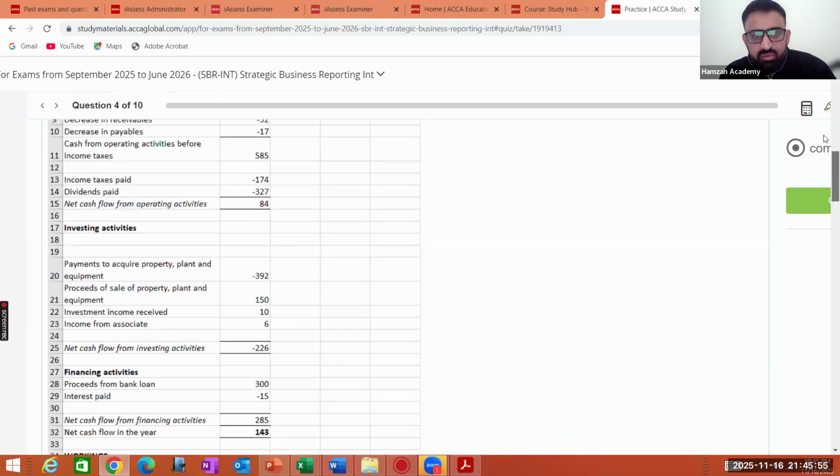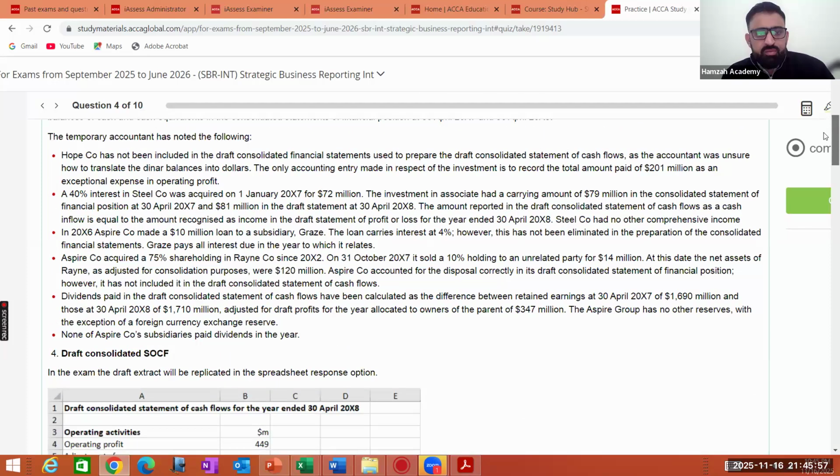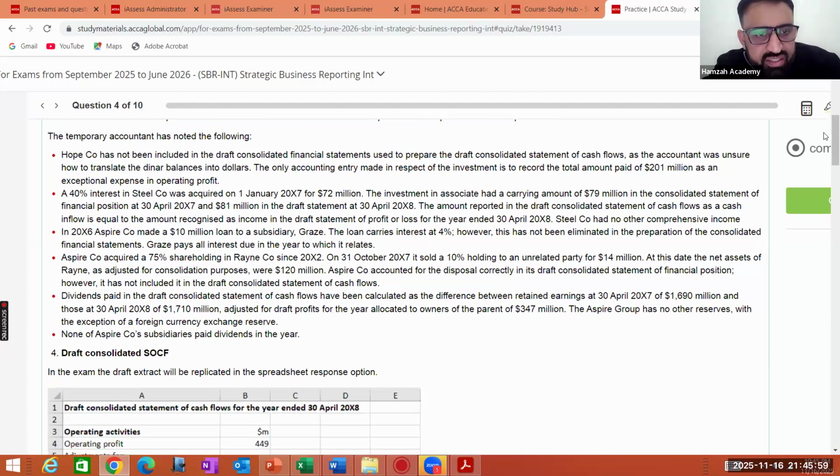Now coming back to the other information, point number 3. On X6, Aspire company made a 10 million loan to a subsidiary, Grace. The loan carries interest of 4%. However, this has not been eliminated in preparation of the consolidated financial statement. And Grace pays all interest due in the year to which it relates.